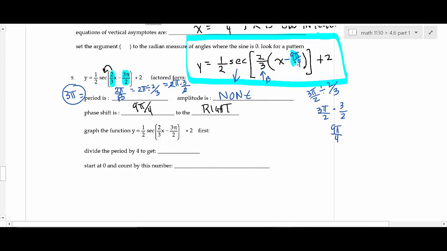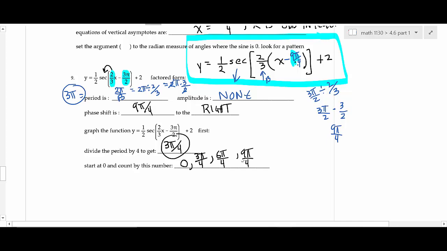Okay, so what we're going to go ahead and do is the increment again. We're going to take the period, which is 3 pi, and divide that by 4. So that tells us how we increment the x-axis. Now we're going to start at 0, and we're just going to start counting by 3 pi over 4. And you count by the numerator, so it'd be 3 pi over 4, 6 pi over 4, 9 pi over 4.